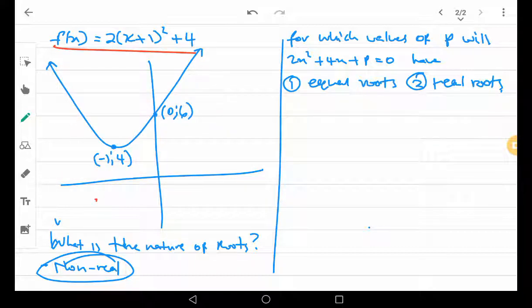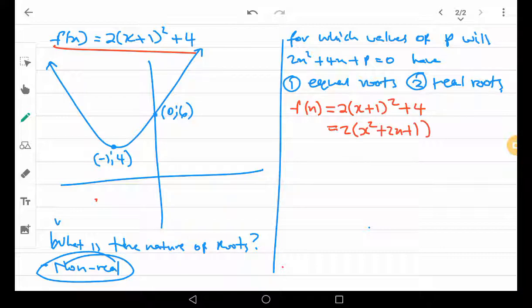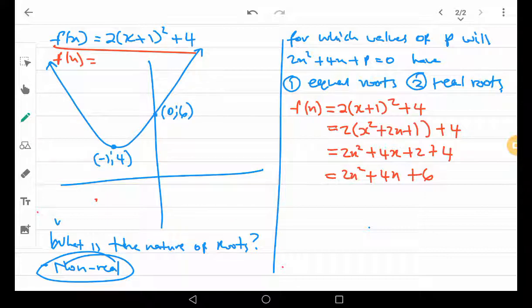How can I check f of x here? f of x is equal to 2 times (x plus 1) whole squared plus 4, which expands to 2x squared plus 4x plus 2 plus 4, which is just 2x squared plus 4x plus 6. Remember?